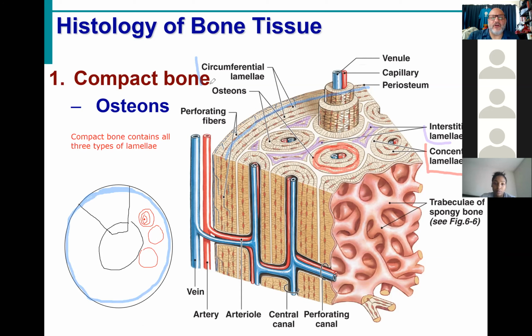That's why it is called the circumferential lamellae, because it goes around the circumference of the entire structure of the bone, whereas the concentric circles just form the osteons. Oh, gotcha. Okay. Did changing the color help make sense? Yeah. Okay, perfect, excellent. Great question.